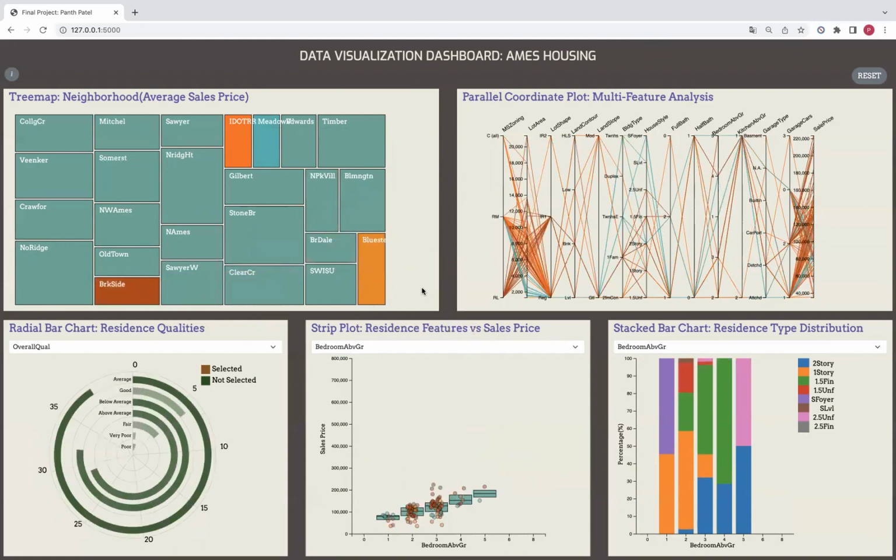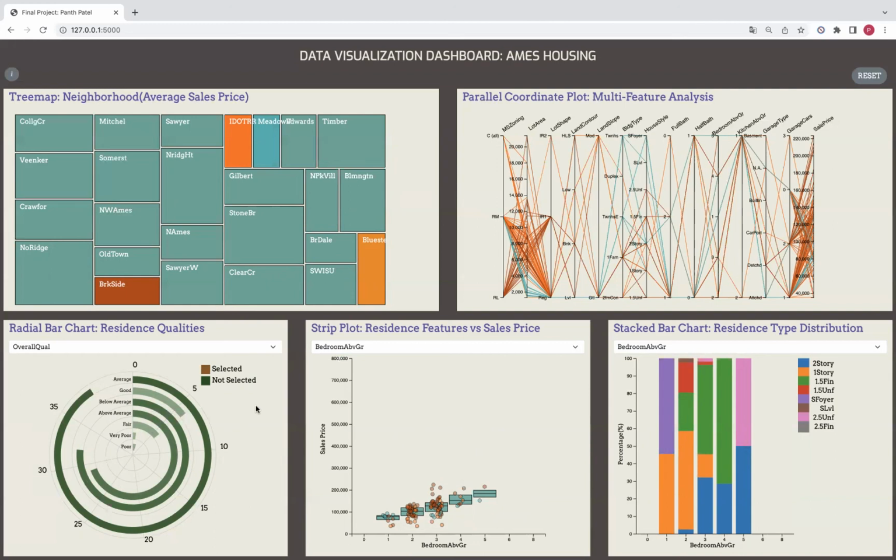So these are a few cheaper neighborhoods, and we can see that excellent quality houses are not present. There are a few fair and poor quality houses as well in these neighborhoods, although in a very small amount. But most of them are average quality houses, which again makes sense. We're not paying more money, so we don't get good quality houses.